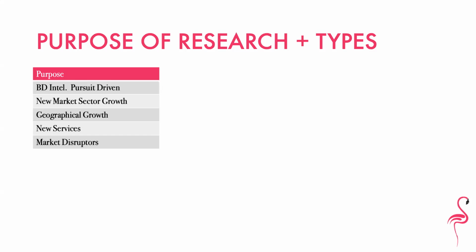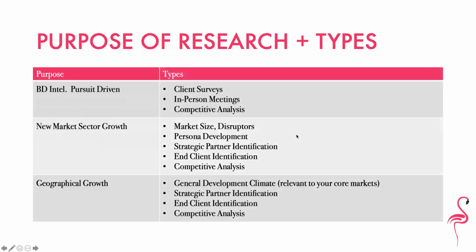Okay, so I thought I'd break down these different purposes and the different types of research and tools that we would use. I've got them broken out. So BD, intel, and pursuit driven. Again, this is usually when there is a pursuit and we're wanting to put together a strategic pursuit plan.